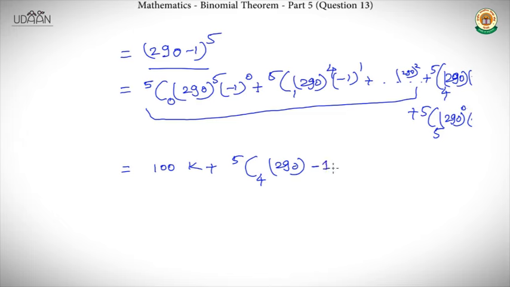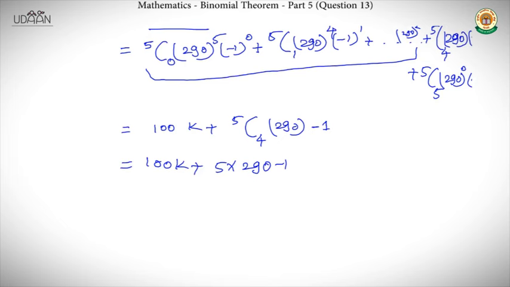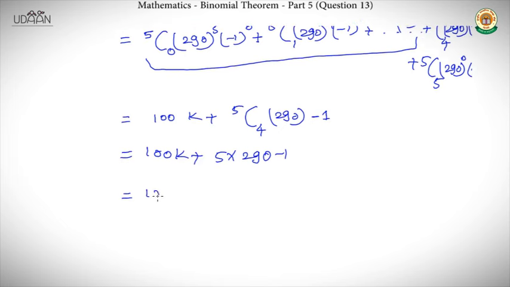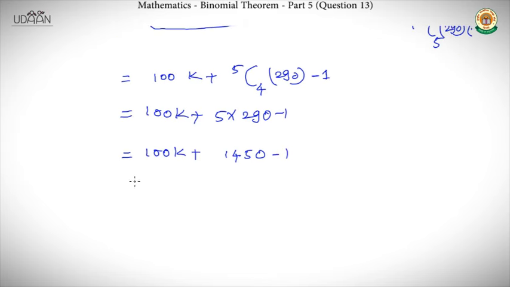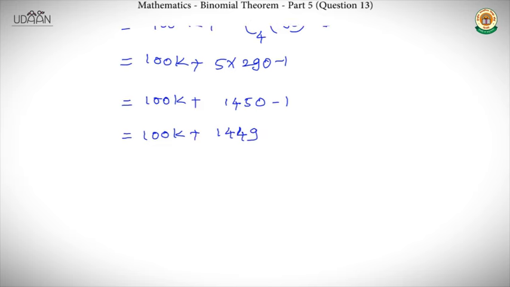So 100k plus 5C4, which is 5, into 290 minus 1. So this is 100k plus 1450 minus 1, so 100k plus 1449. Clearly our last two digits would be 49.